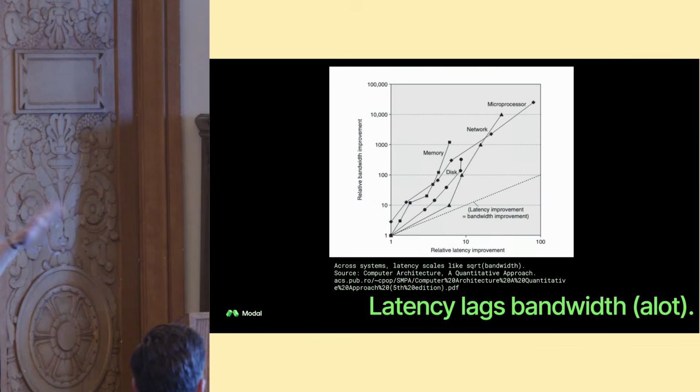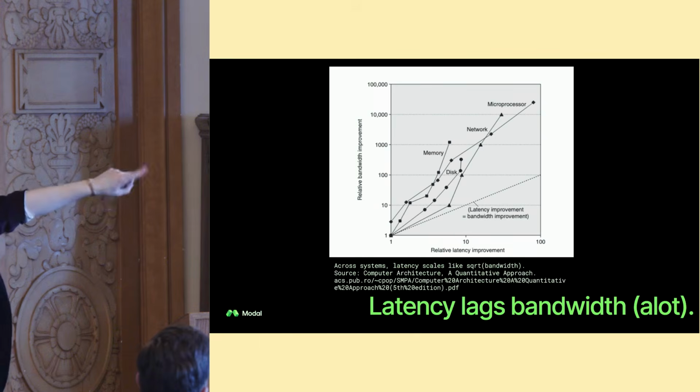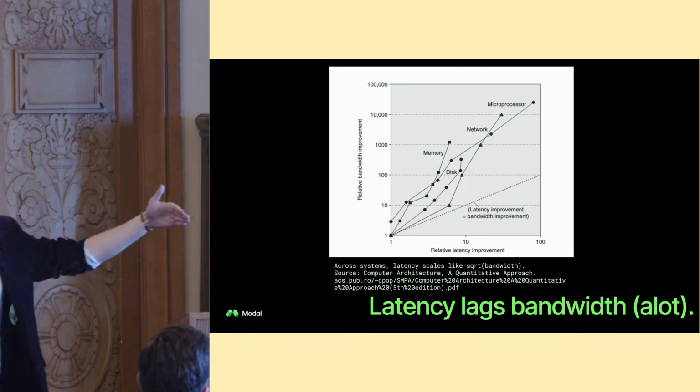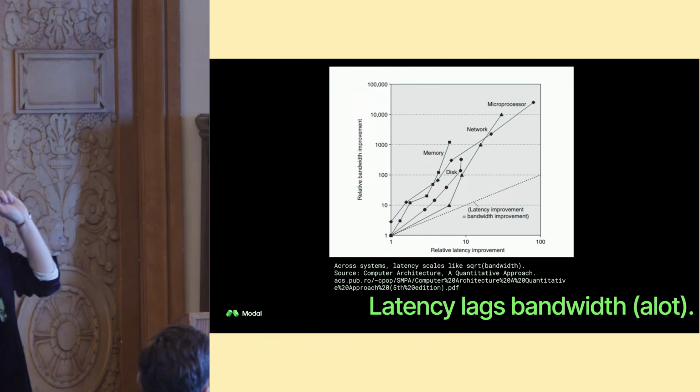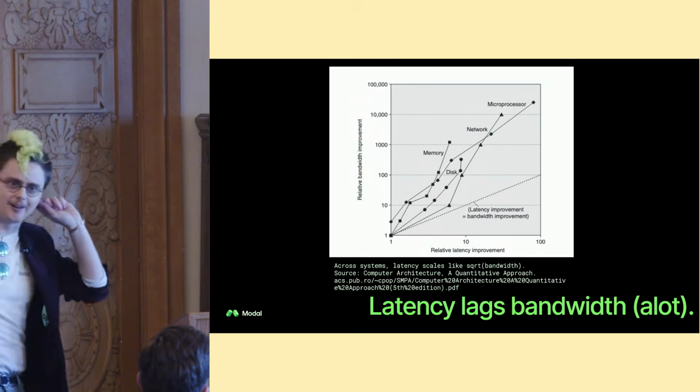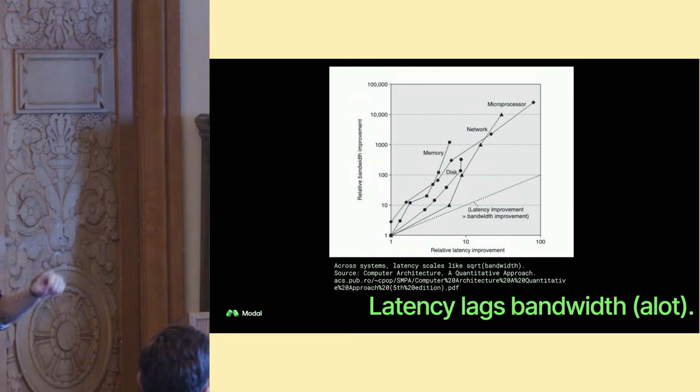The key thing to pull off this chart is that if the lines all followed that dashed slope, then latency would improve at the same rate as bandwidth. And this would be nice. There's a principle, a lesser known version of Amdahl's law, which is that a computer should have about one instruction for each byte of memory, or each bit of bandwidth.